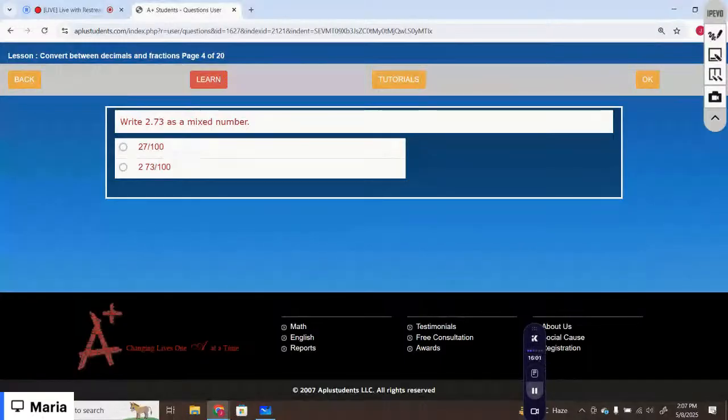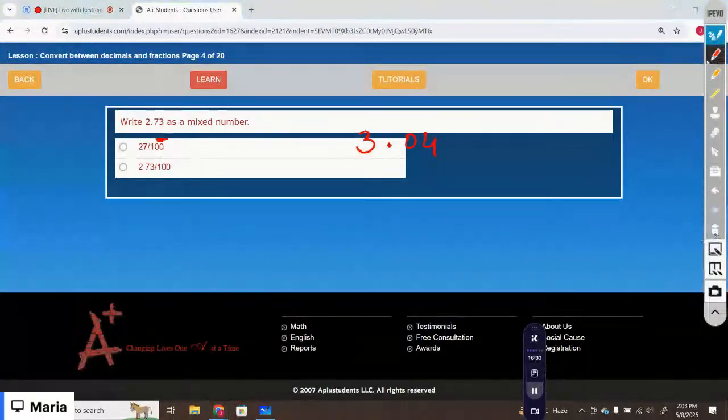Right, 0.73 as a mixed number, so which is the correct option? That is 2.73, 2 whole 73 divided by 100 because 2 is the whole number.